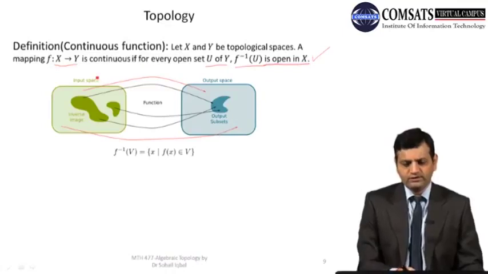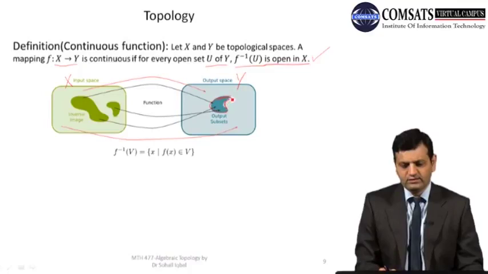So for example, let's say this is X and this is my space Y, and this shaded area is open in Y. So let's say this is U in Y, which is open.